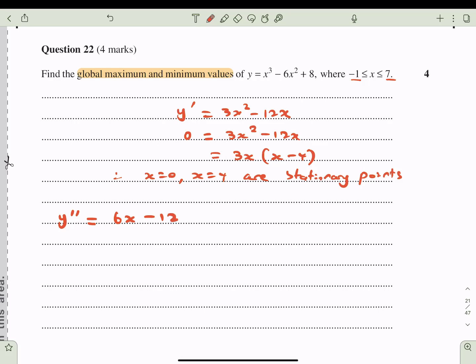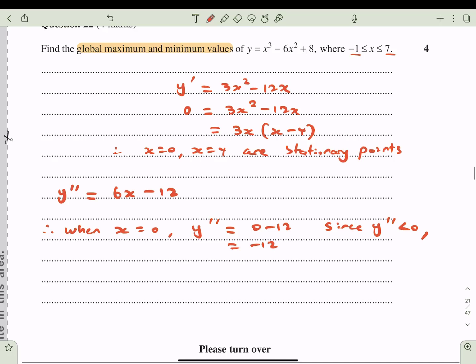And now we sub in my stationary point values. In other words, when x equals 0, y double dash equals 0 minus 12, which is equal to -12. So since y double dash is less than 0, this means that my curve is concave down at this point, which therefore means that x equals 0 is a maximum turning point.